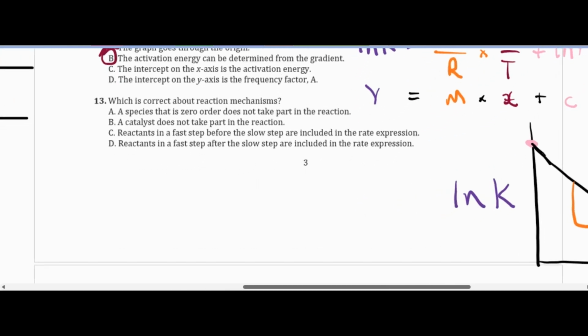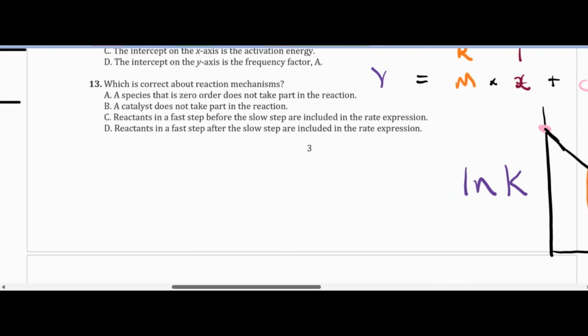Question 13, which is correct about reaction mechanisms. A species that is zero order does not take part in the reaction. It does, it's just that its concentration doesn't influence the rate. And we can also show that graphically.